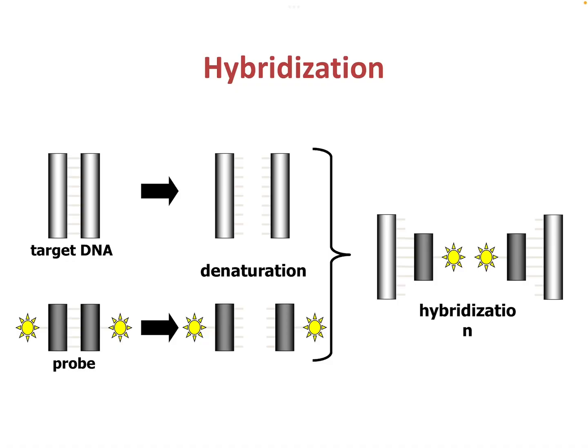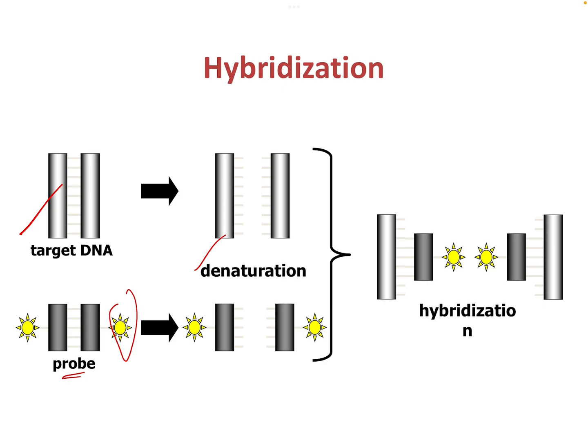So for a better, simpler picture representation, so we can see this one, the target DNA, it will be denatured. Same as the probe. The probe is attached with either a radioactive isotope or a non-radioactive isotope. If this is a fluorescence, then we can see this in a fluorescent microscope. So after denaturation, then hybridization happens.